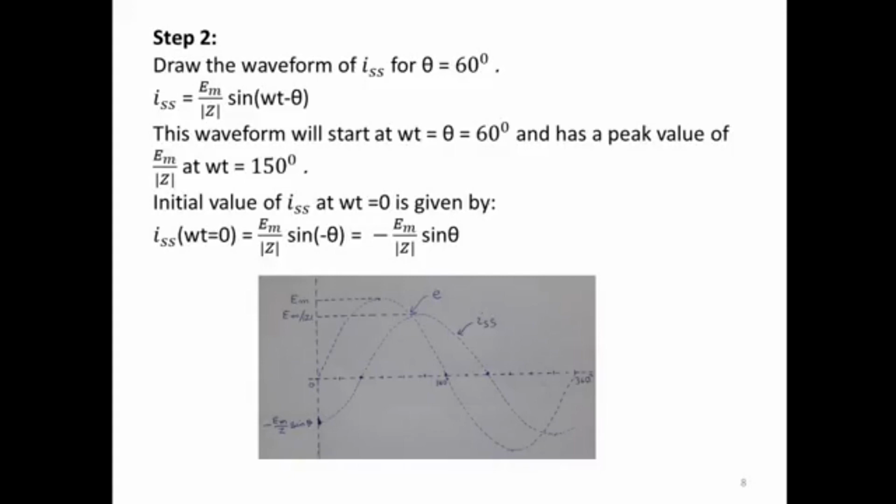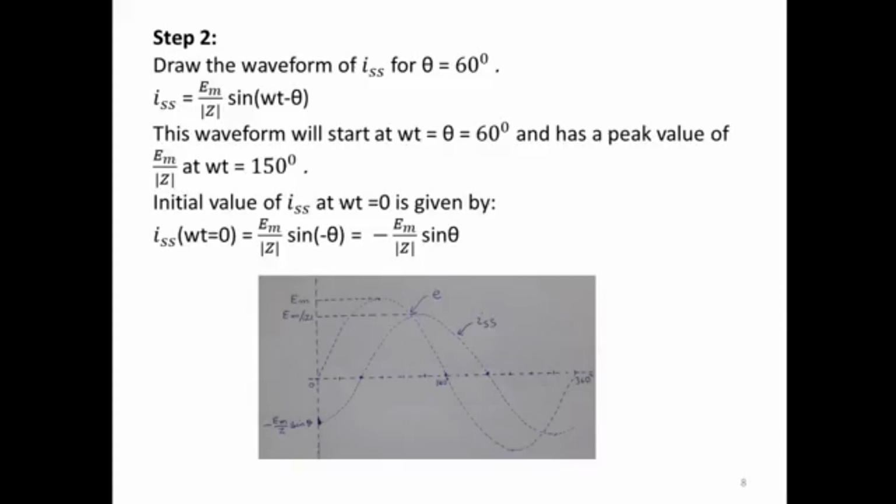Then again after 90 degree its negative peak will occur, and at 360 degree the cycle will be completed. Now moving backward from 60 degree, you can extend the waveform backward to complete it till the y-axis.